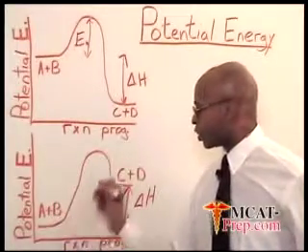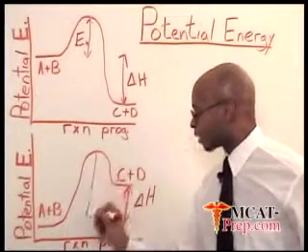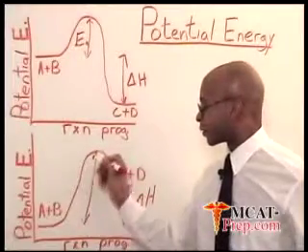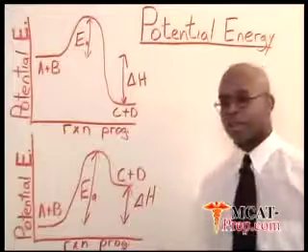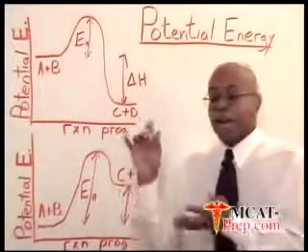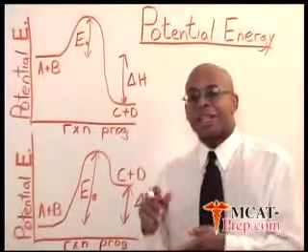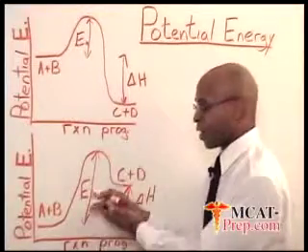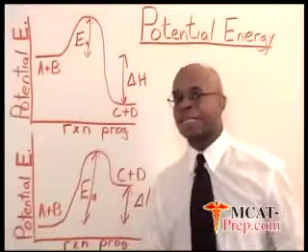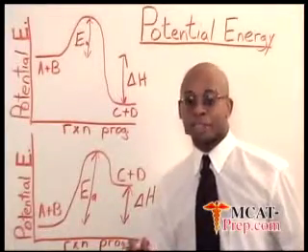And so it is a difference of energy between the activated complex and the reactants. So here's EA for this reaction. When you have a small EA, it is more likely that the reaction will occur spontaneously. When you have a large EA, it is unlikely that the reaction will occur spontaneously.